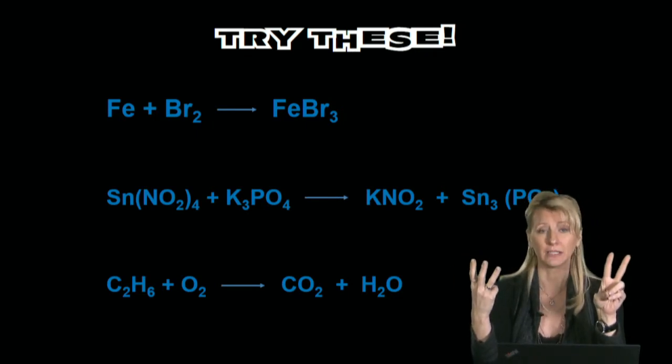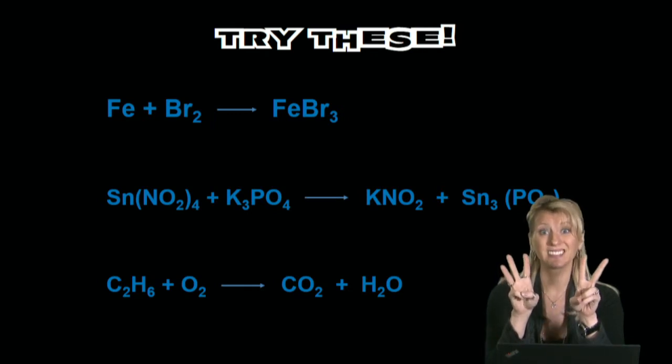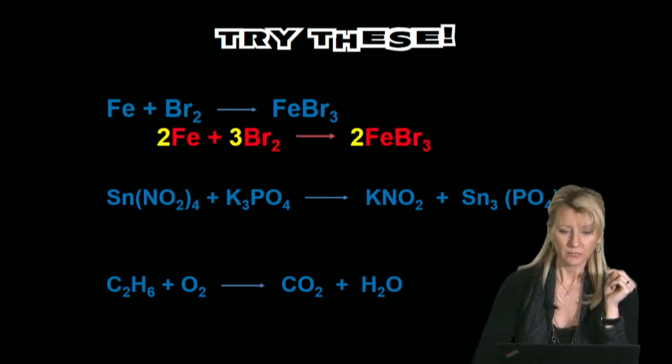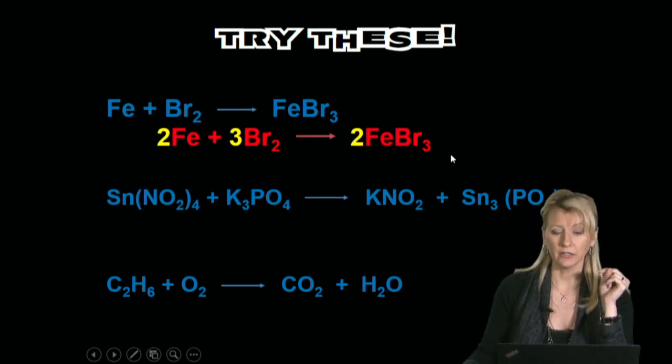So that's not balanced. When you have a 2 and a 3, a lot of times you try to find the common denominator, okay? So you want to try to make 6 because they don't match up until they get to 6. So what I want to do is add a 2 over here, so then that gives me 6 bromines.